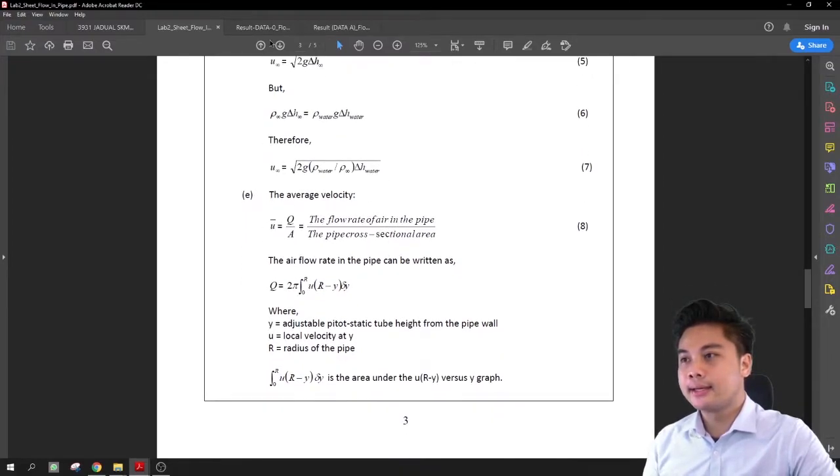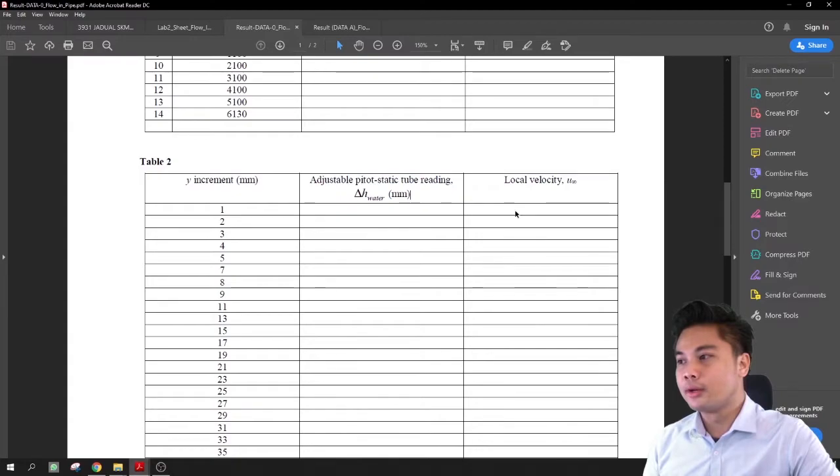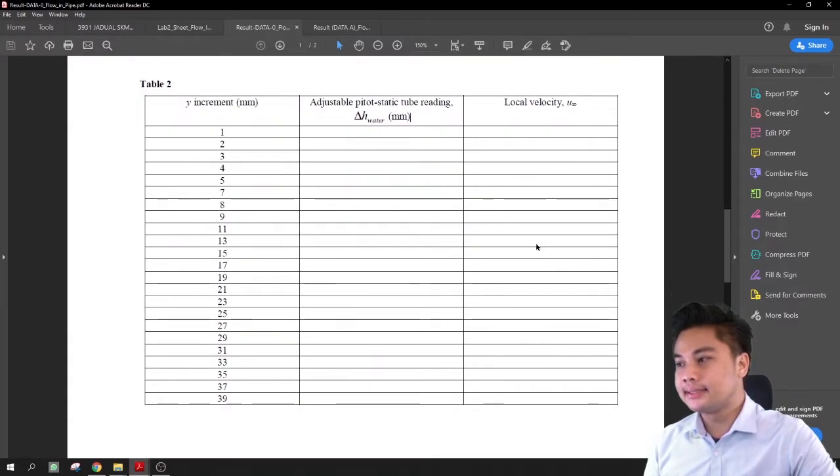And here you need to fill in this table, in this column.